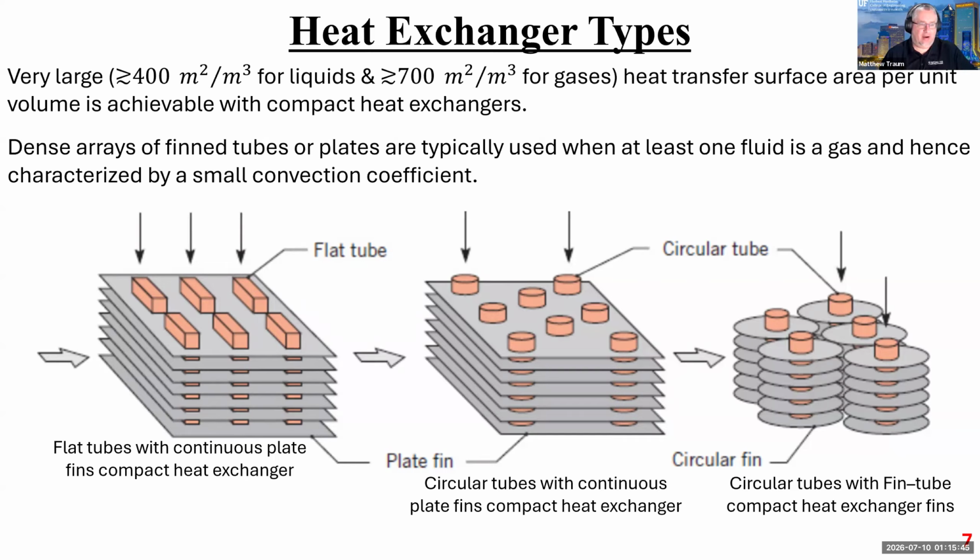And so this metric, heat exchange area over total volume, actually makes sense as a figure of merit for compact heat exchangers, where you're trying to make them as small as possible, volumetrically, while still enabling very high rates of heat transfer. So hence the very weird units, meter squared over meter cubed. So I say here, dense arrays of fin tubes or plates are typically used when at least one of the fluids is a gas.